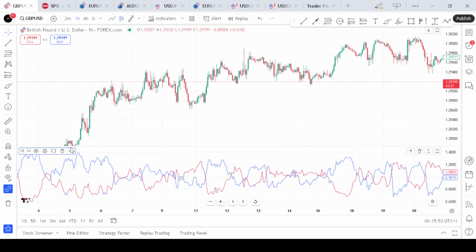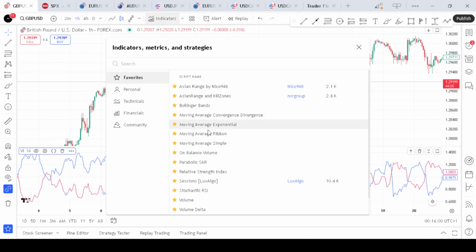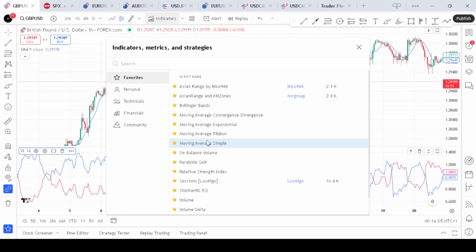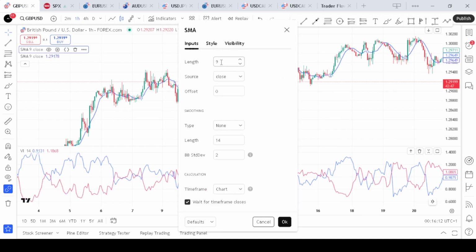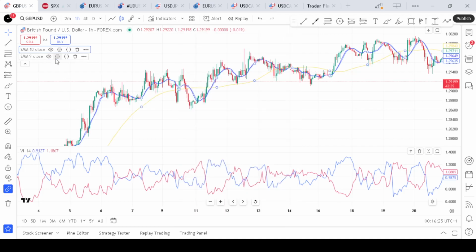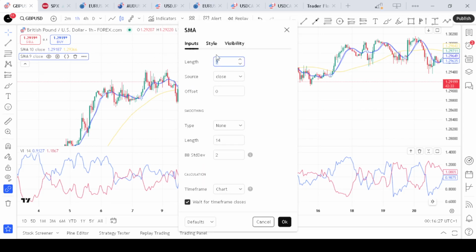Pair this with 3 moving averages. You will use the 10 moving average, the 50 moving average, and the 200 moving average.